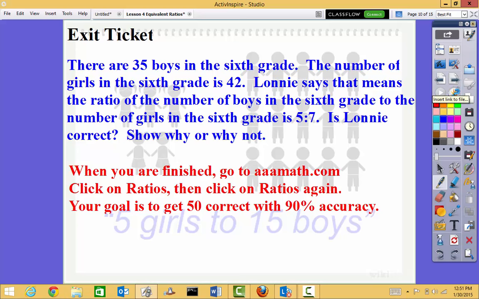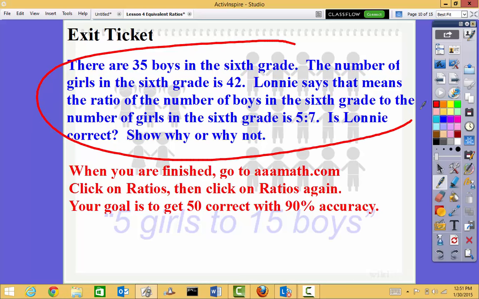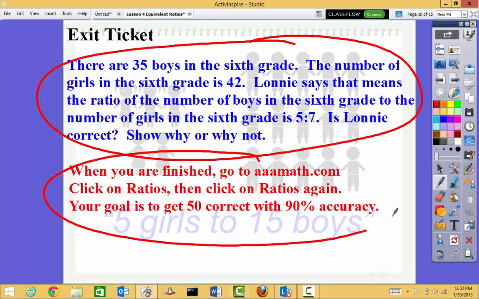Alright, what you're going to do if you are working on the laptops is your exit ticket. I'd like you to solve on a piece of paper, and then when you're done, you're going to go to AAA Math. When AAA Math is finished, you've clicked on ratios and then clicked on ratios again, and you have 50 correct, and in the green box 90% it says you may work on Khan Academy.